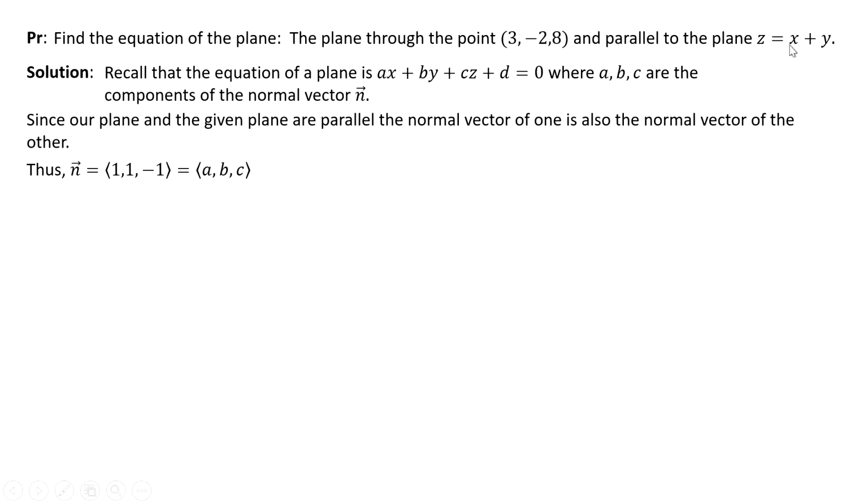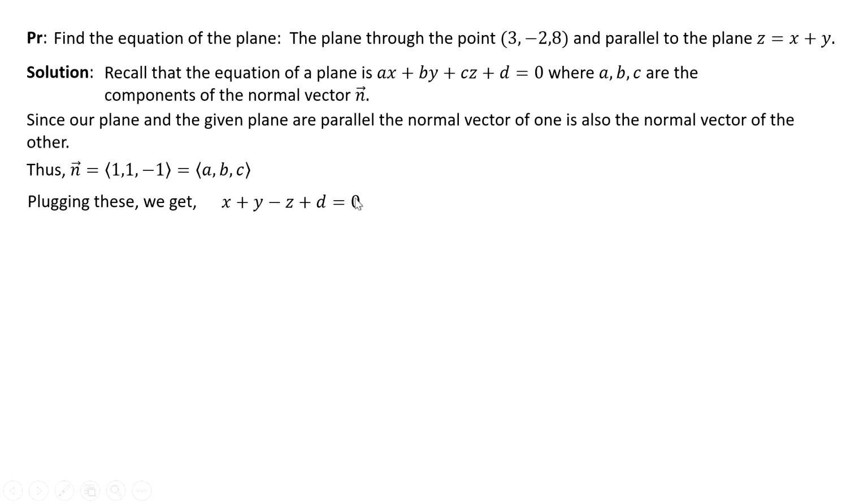And so the coefficient of x is a, coefficient of y is b, and coefficient of z, when written that way, x plus y minus z equals 0, that's the c. So (1, 1, -1). And so plugging these, we get x plus y minus z plus d equal to 0 for our plane.